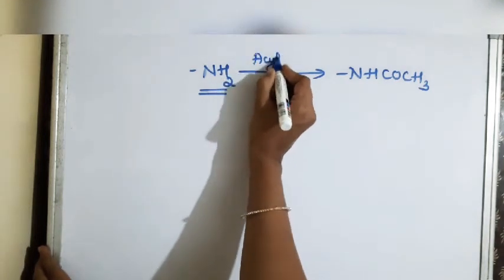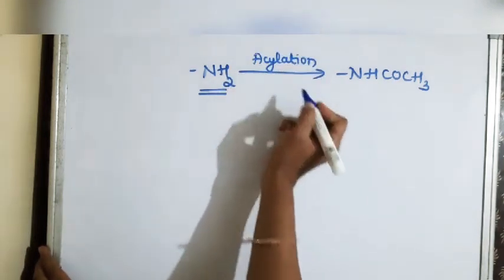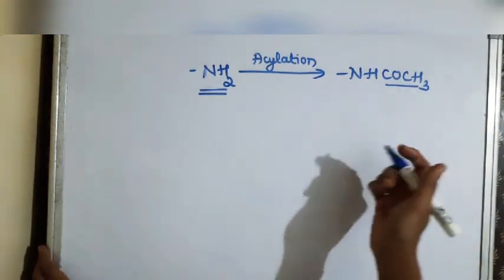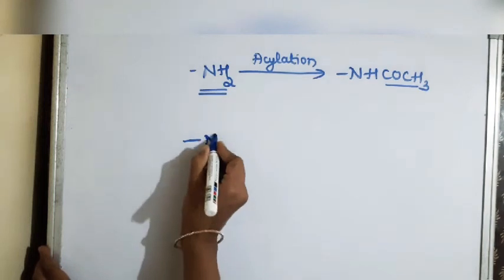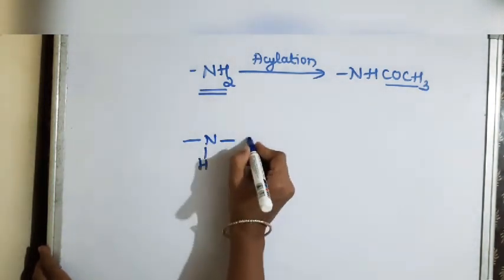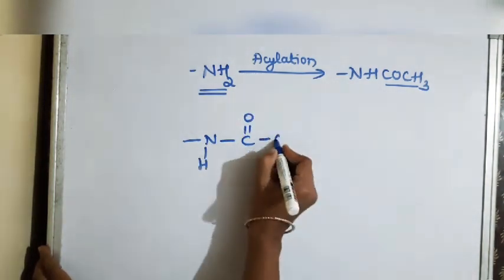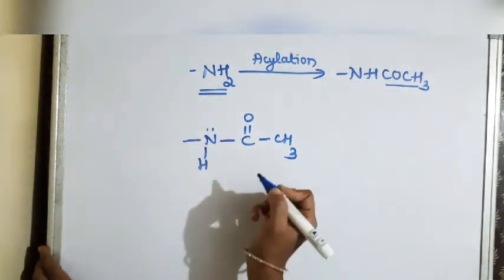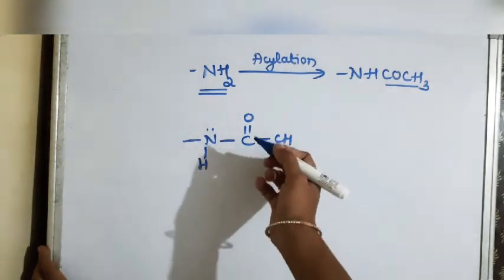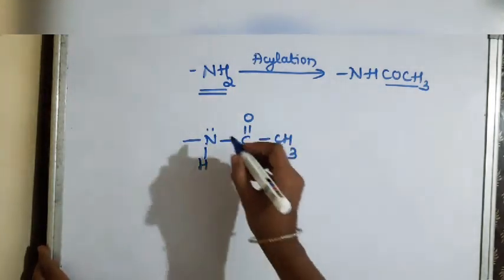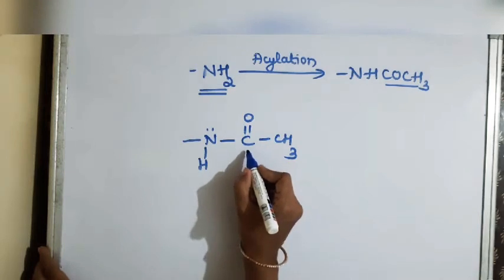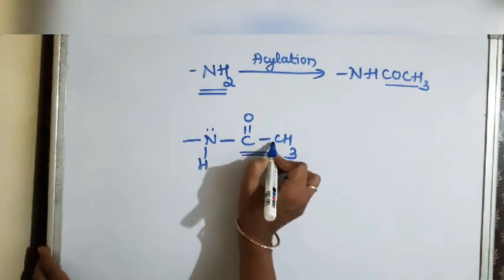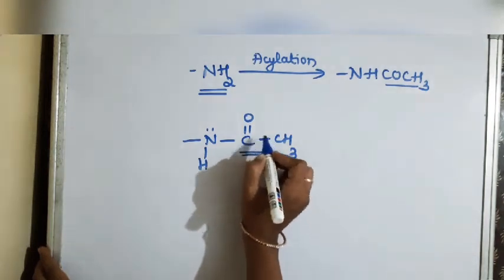This is done by acylation. As the acyl group, COCH3 group, is electron withdrawing in nature, when we do acylation, the COCH3 group is attached to the nitrogen. So now the lone pair of electrons is not only available for donation in the benzene ring, but because of the presence of this acyl group, even these electrons are withdrawn towards the acyl group, as it is electron withdrawing in nature.